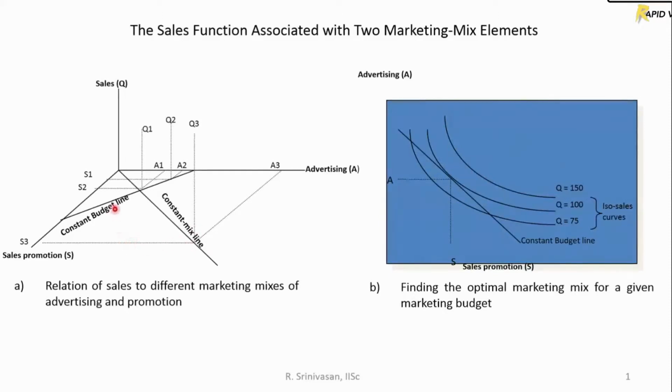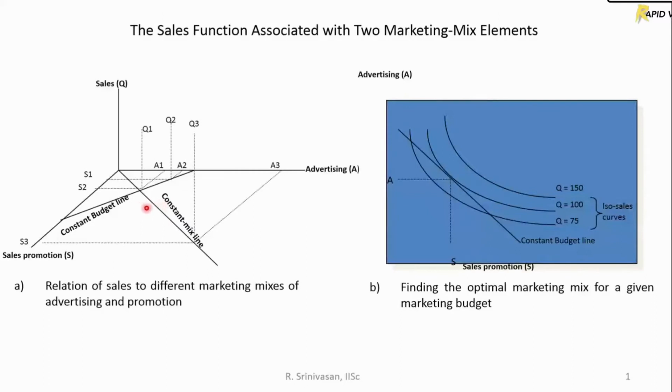If you see, there is a constant mix line, there is a constant budget line. What does it indicate? Suppose the budget you are asked to keep constant, that is, you cannot vary the budget. Then what can you do as a marketing manager?